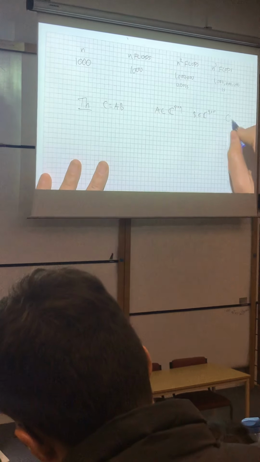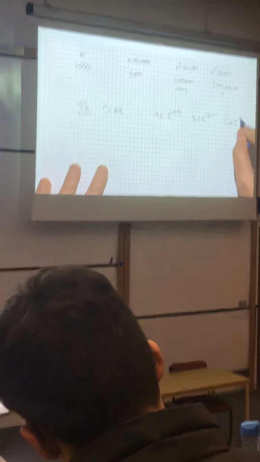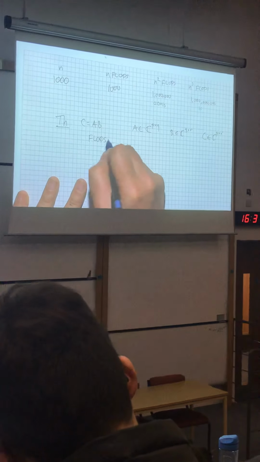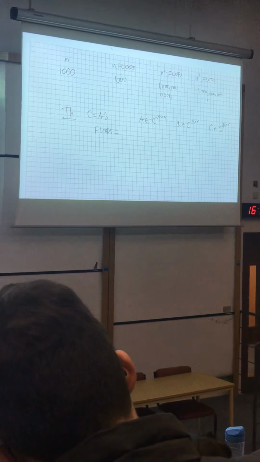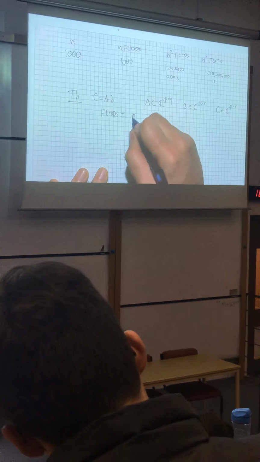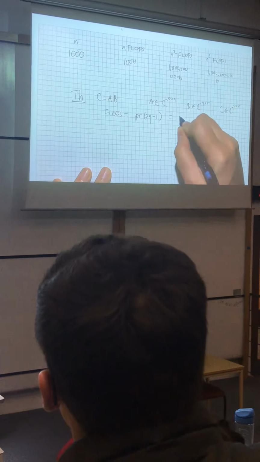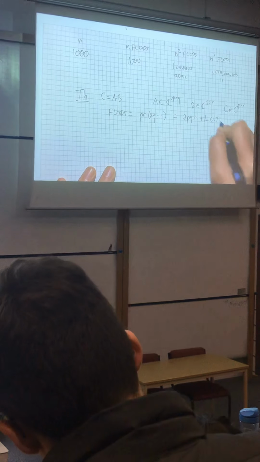So C is a P by R matrix. Flops equals PR times 2Q minus 1, which you can also write as 2PQR plus lower order terms.